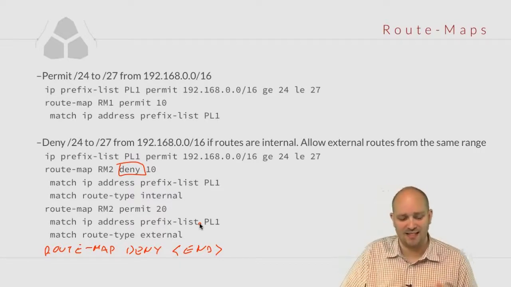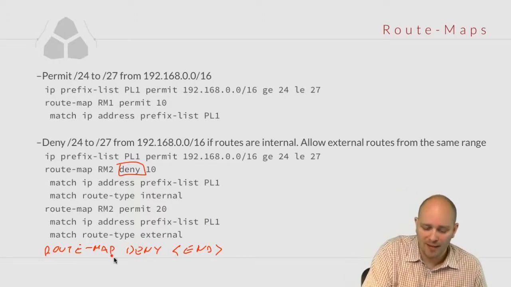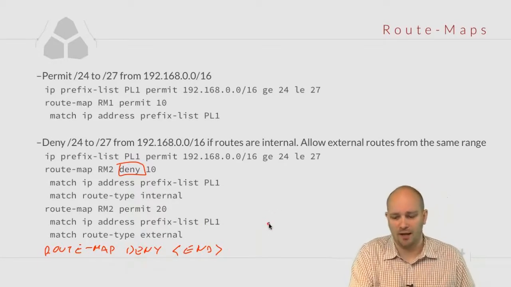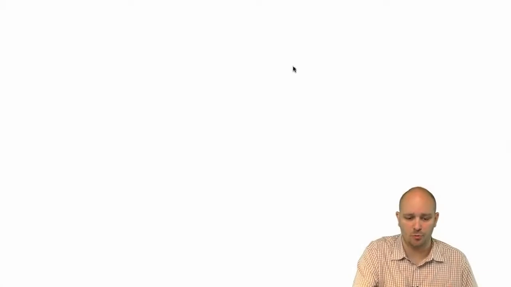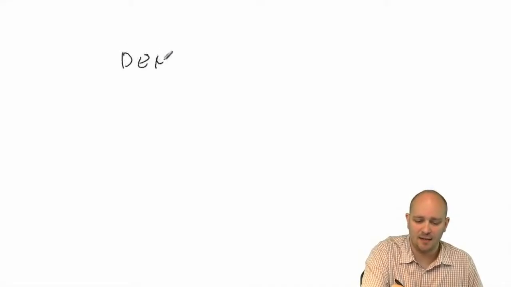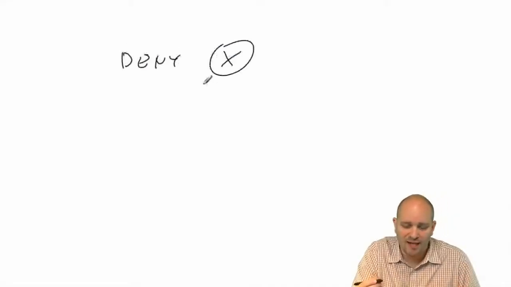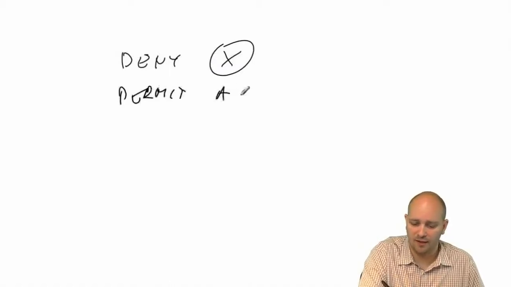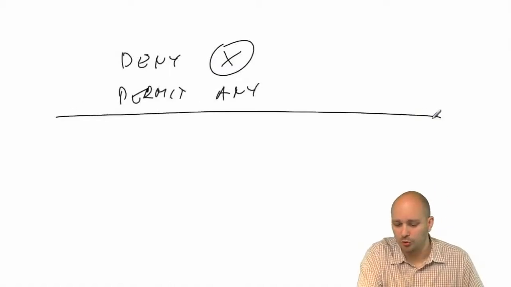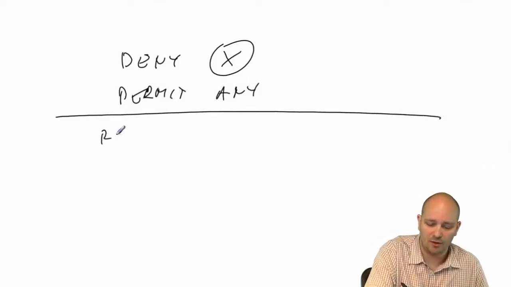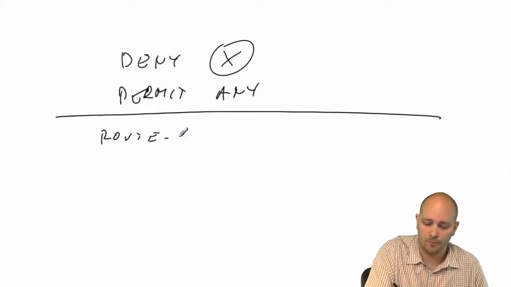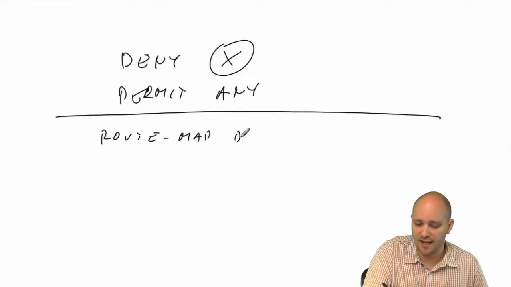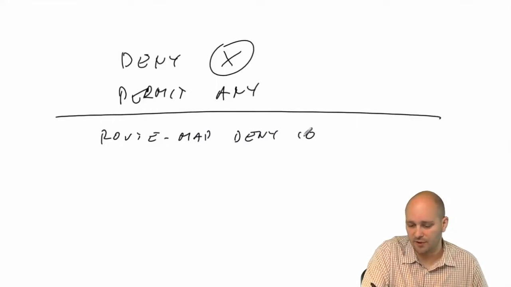If that is the case, what you need to do is probably at the end of your route map. So let me use the whiteboard for that. So if you had a task where you wanted to say deny X, whatever X might be, and permit everything else, what you need to do is really create a route map that is, say, deny, for example, 10.